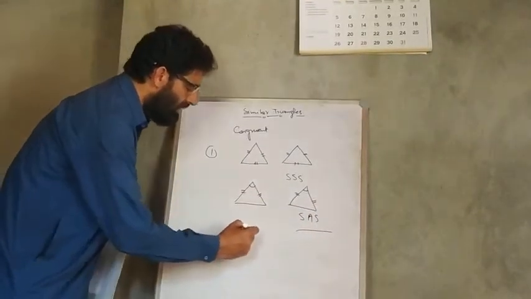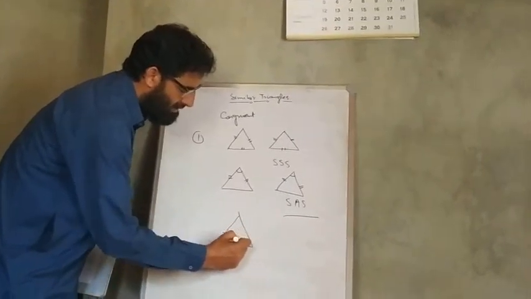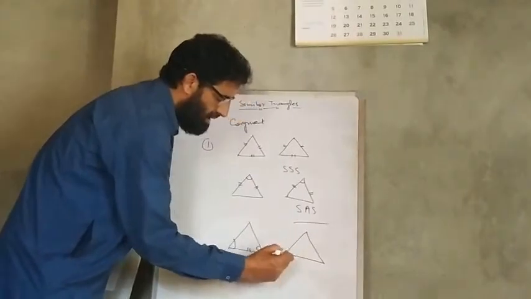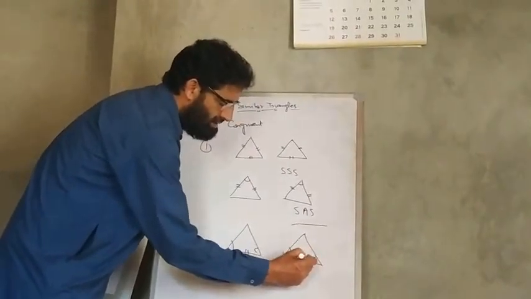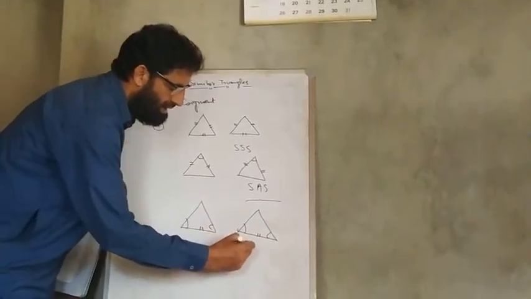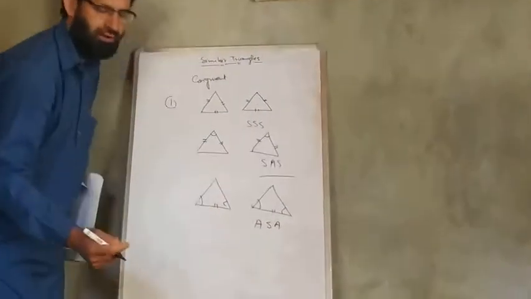Third rule, when two angles and one side of one triangle are respectively equal to the two angles and one side of another triangle, then two triangles are said to be congruent. This is called ASA or AAS rule.